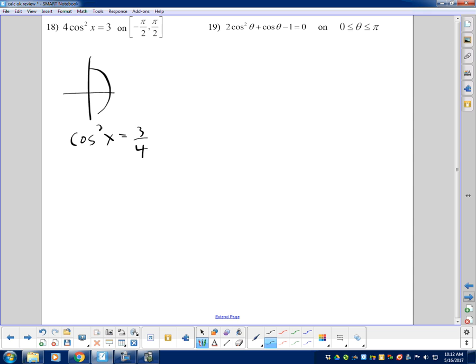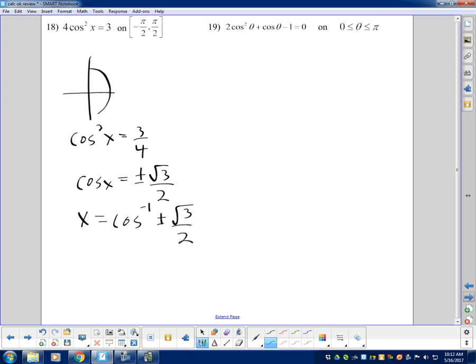A really important skill to have as you go into calculus is being able to solve these trigonometric equations. So I'm going to take the square root of each side, so cosine of x equals, don't forget, plus or minus square root of 3 over 2, and you should recognize that. Root 3 over 2 is some ratio on your unit circle. And then finally, x equals inverse cosine of plus or minus square root of 3 over 2.